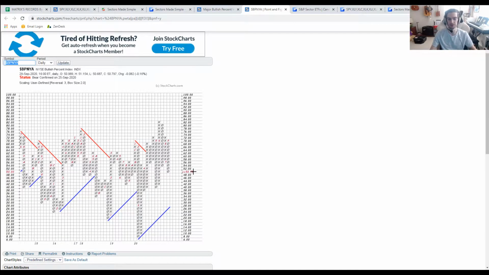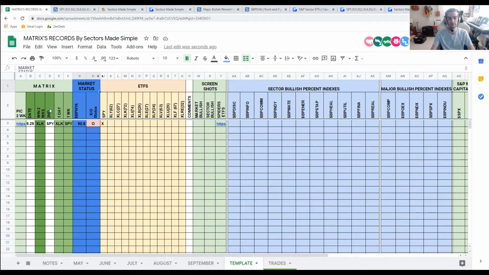This is going to be the entire New York Stock Exchange, the percent of companies in the New York Stock Exchange on a buy signal. So we have 50.8% in a column of O's. Again, a good atmosphere is column of X's going up. So this is not a good sign, hence why the box is red. Okay.